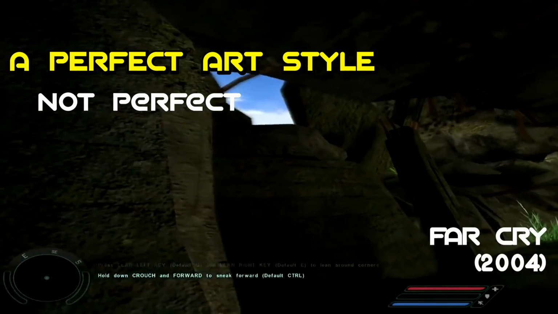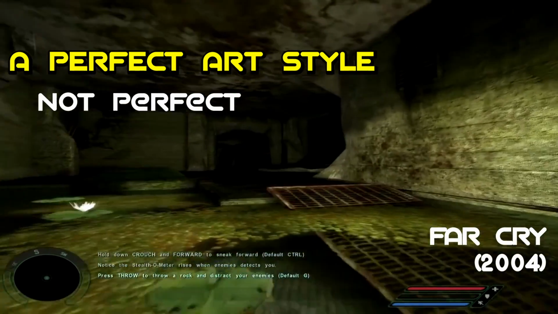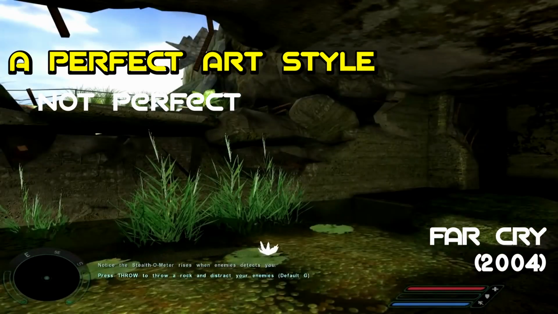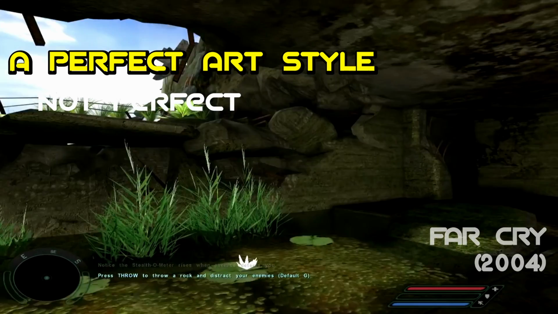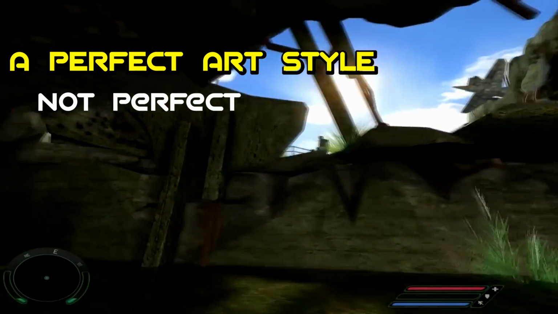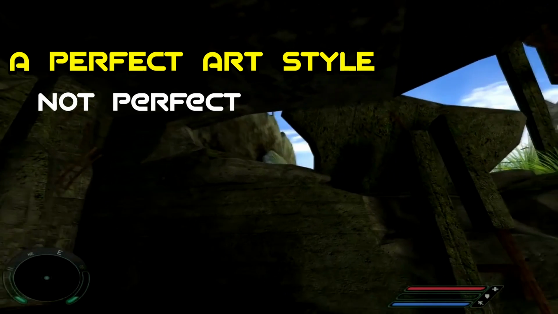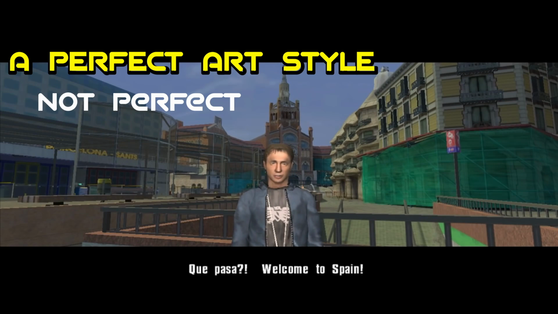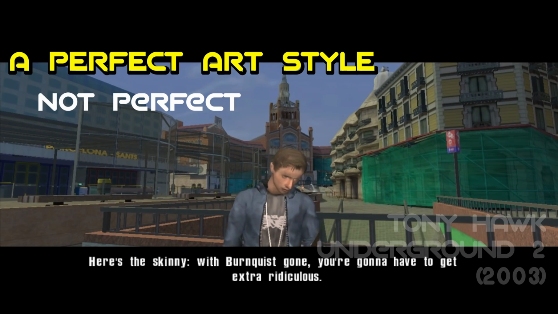Other games that have not aged so well are, for example, the first Far Cry or Tony Hawk Underground, which is, for me, one of those games where coming back to it now, I realized that it didn't look good, but in my memories, I thought it looked very good. So what happened with these two games?